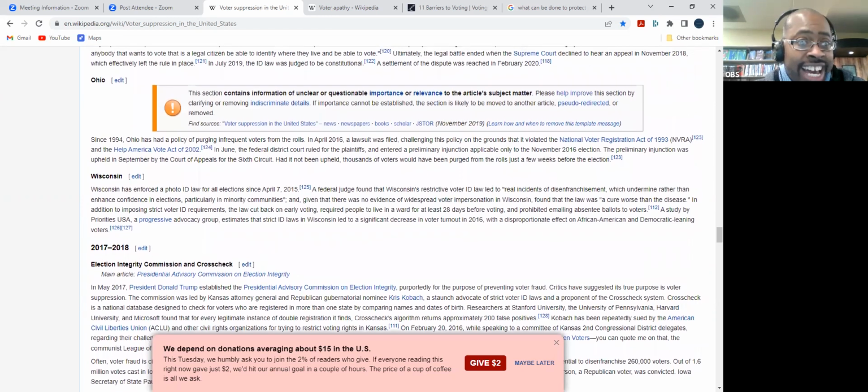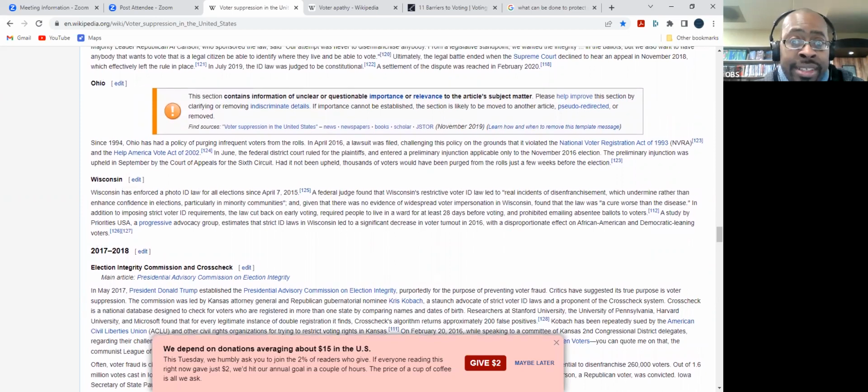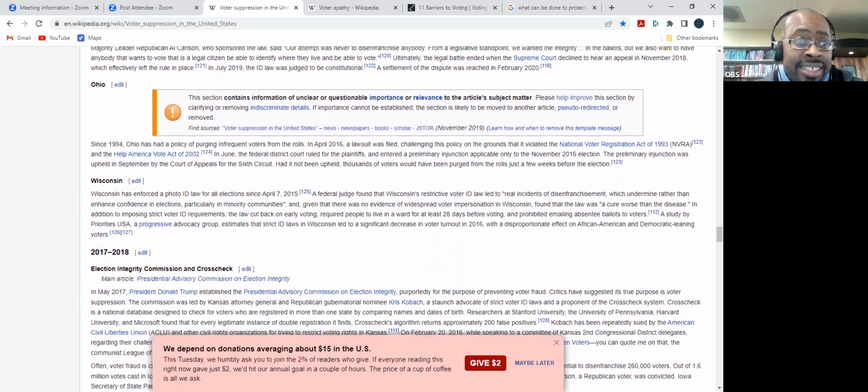In Ohio, we had a case of voter purging, in which a lawsuit was filed in April of 2016, citing that it violated the National Voter Registration Act of 1993 and the Help America Vote Act of 2002.